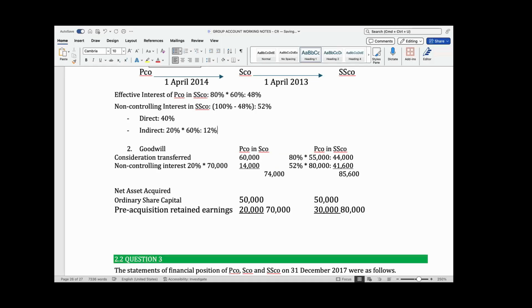So altogether we have 52%. That's the component of this. So direct 40, indirect 12, altogether gives us 52% for the two.